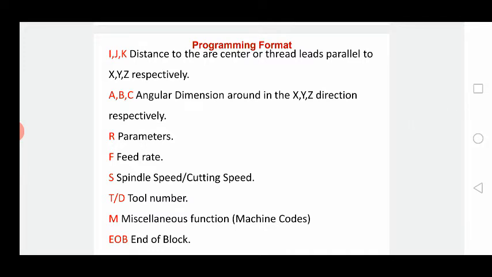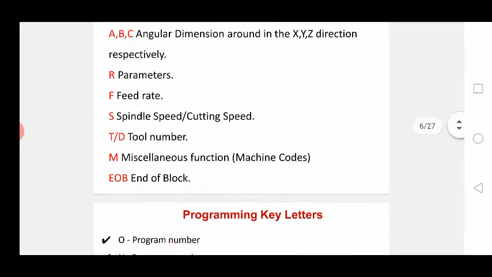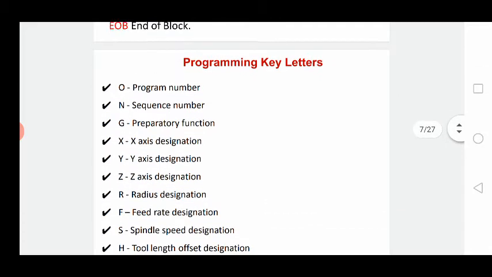Along the X axis, any angular dimension we need to give will be A with a number value, and similarly for Y and Z. Next R is for parameters, for example radius. F is feed rate, S is spindle speed, that is cutting speed, T is the tool number, M is a miscellaneous function, and EOB is end of the block. These are some of the commands we use.